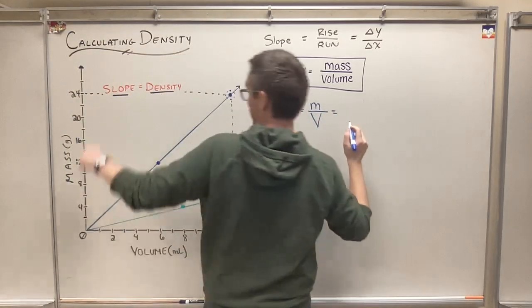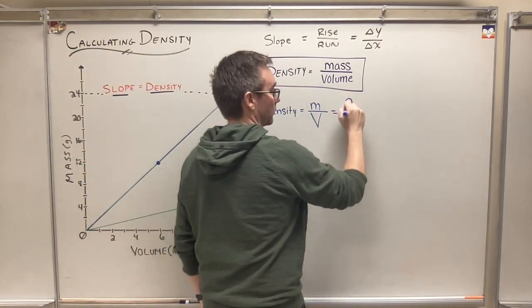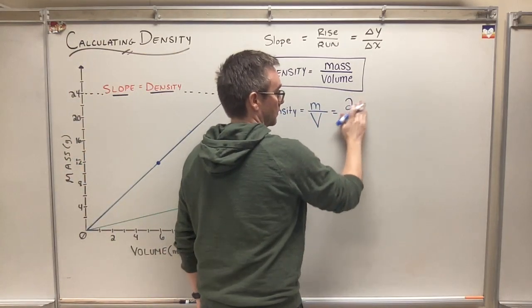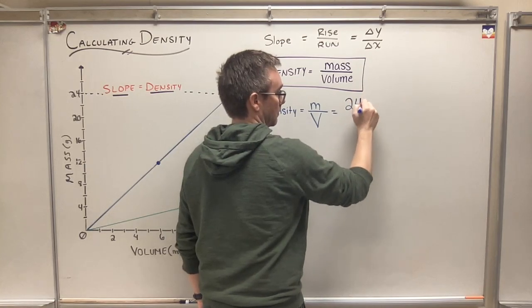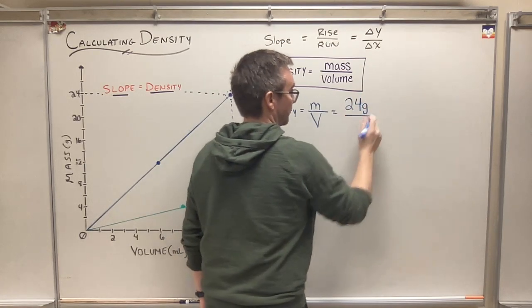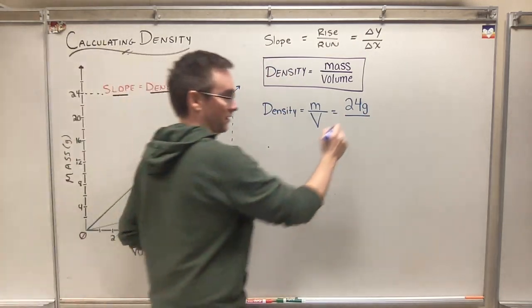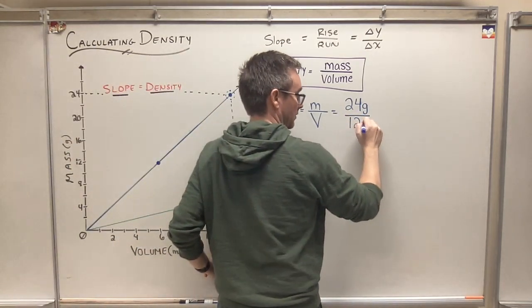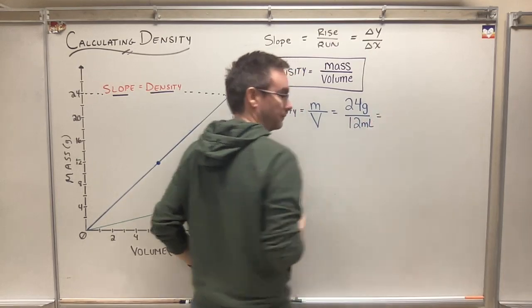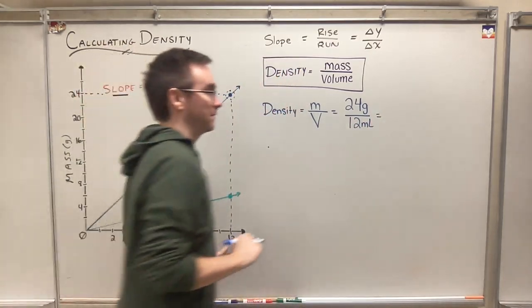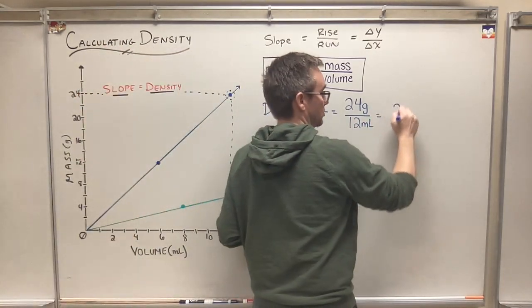My mass at this point, I said, is 24 grams. The volume at this point right here is 12 milliliters. All right. That's going to be 2.